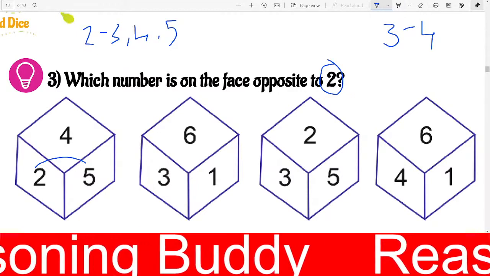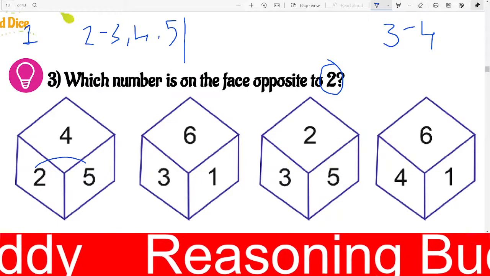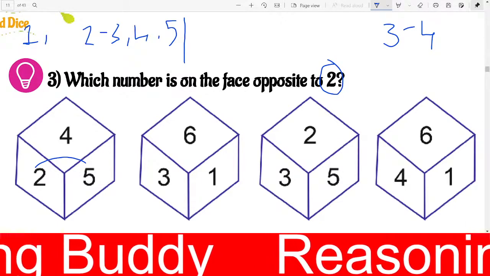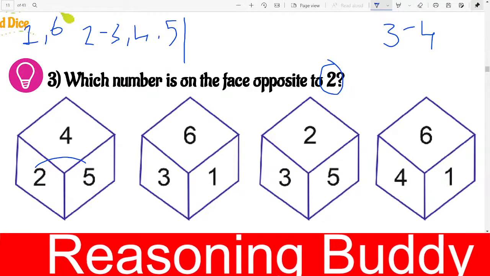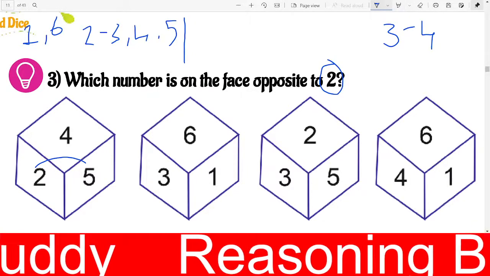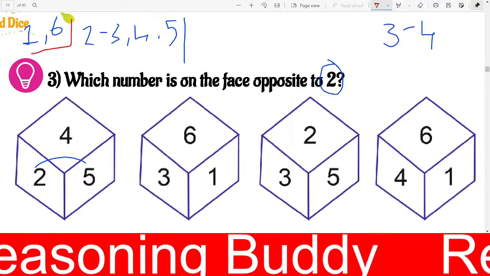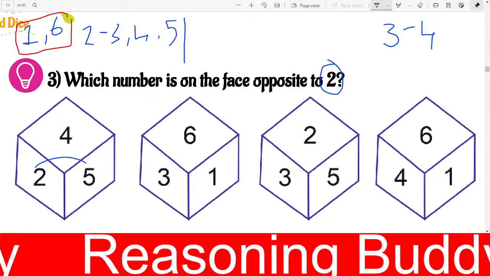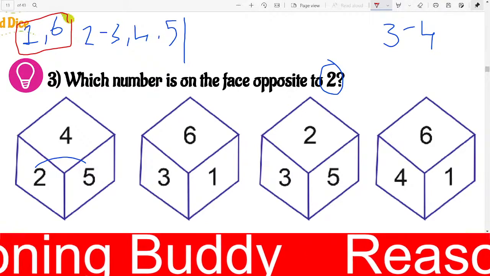So next, what are the remaining? 1 and 6 are remaining. So there are two options, and we will get only one. So how to find that one is I'm going to take another side, that is for 1.